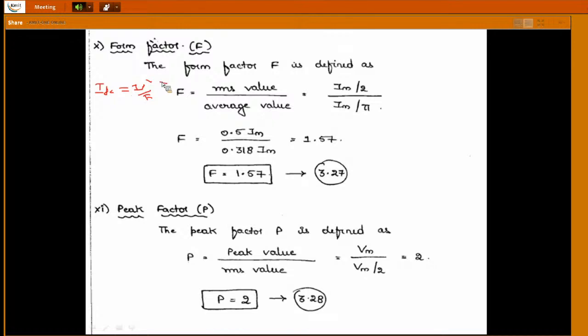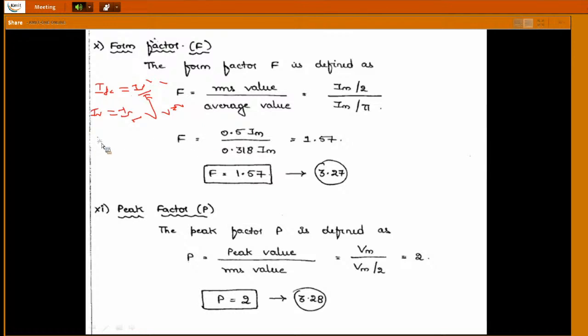Next we discussed the RMS current. IRMS is given by Im by 2, or VRMS is given by Vm by 2. This is the DC voltage and DC current, and the AC voltage and AC current.